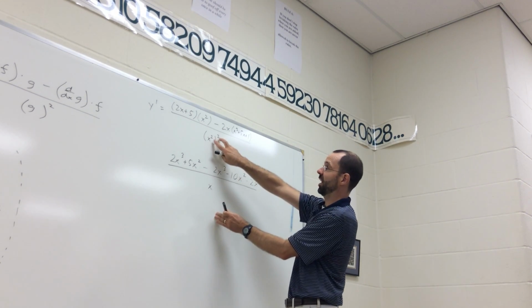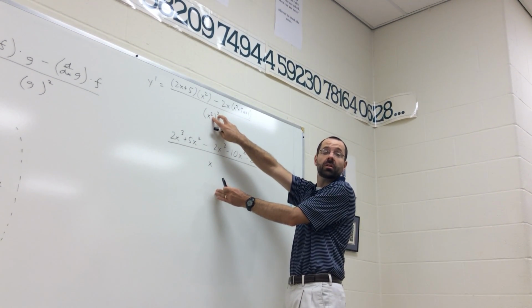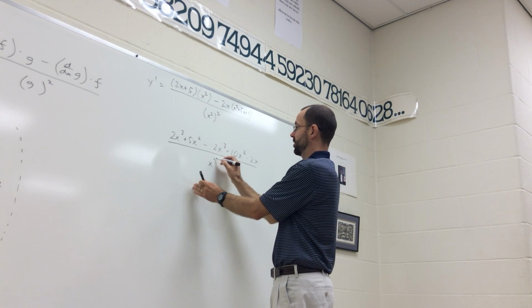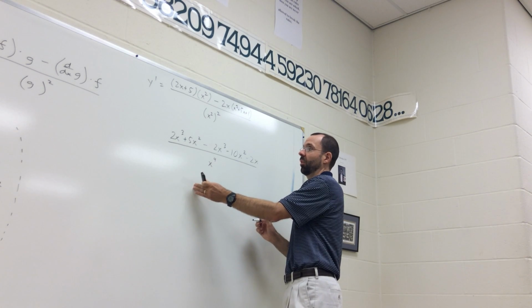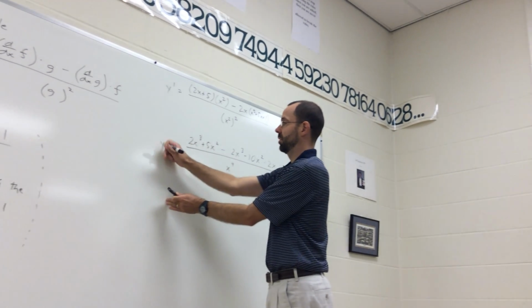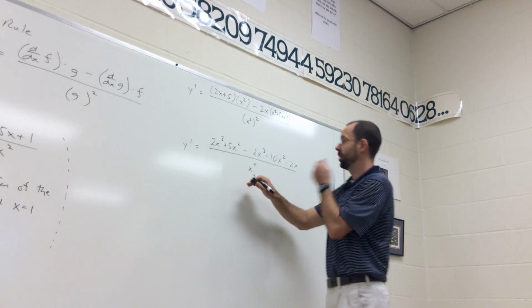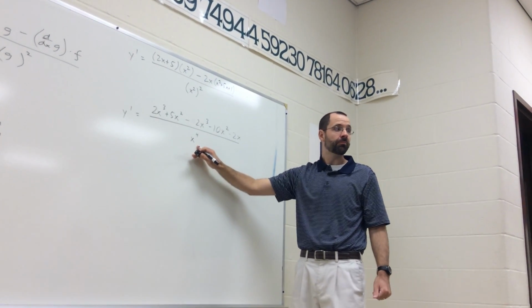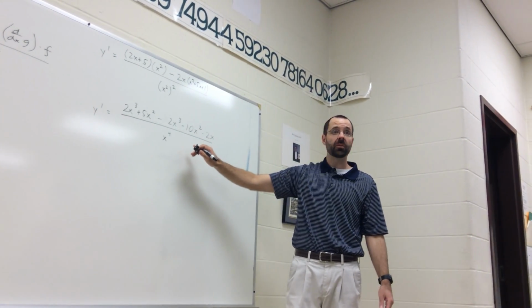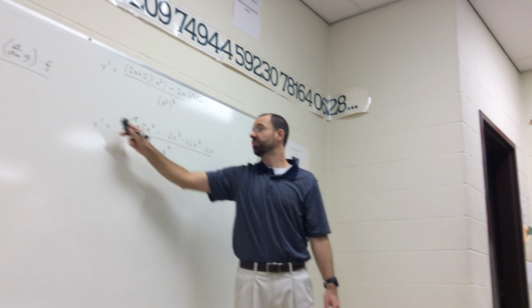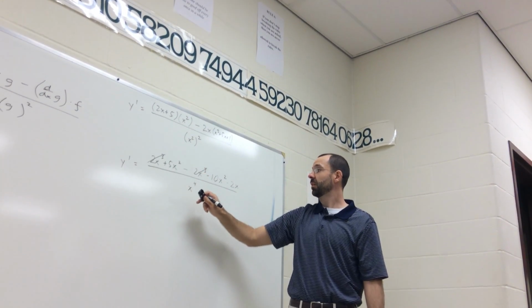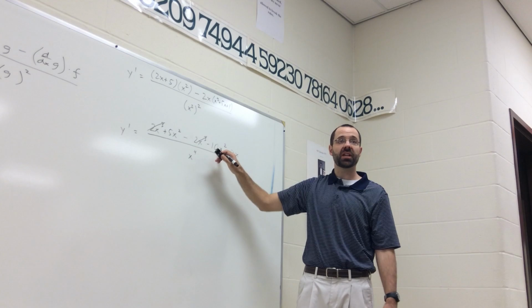And then what do you do with exponents in this situation? Multiply them, right? So that's 2 times 2, which is 4. So x squared squared is x to the 4th. Okay, so now I'm just going to collect like terms. The x cubes cross out. I've got 5x squared minus 10x squared.